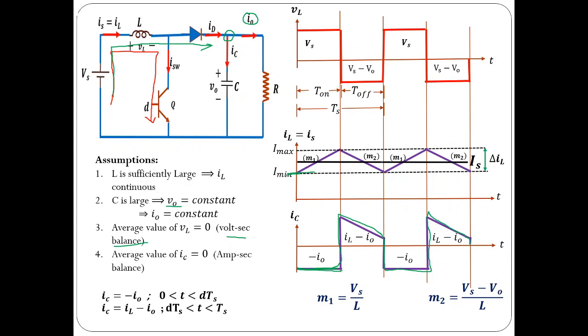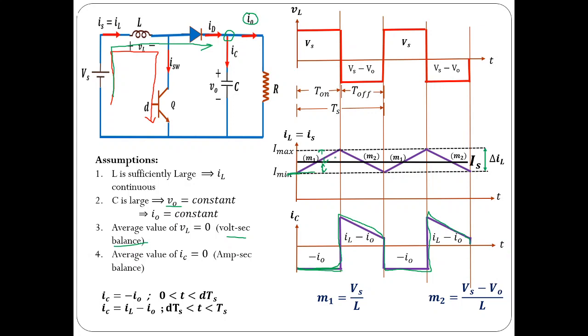The difference between IS and I min is delta IL by 2, and similarly the difference between I max and IS is also delta IL by 2. In other words, IS is equal to (I max plus I min) by 2, the mean value of I max and I min.